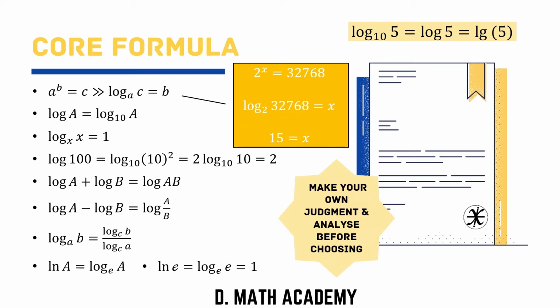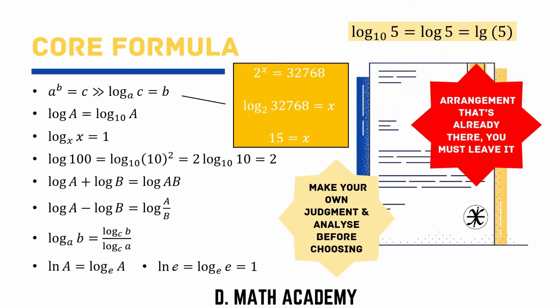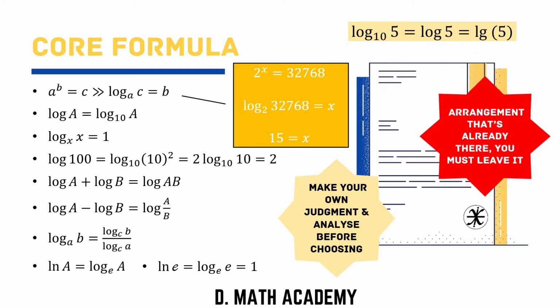And also, the arrangement that was already there, you're not supposed to change it. Like if you have a logarithm at the numerator and a logarithm at the denominator, their relationship is already divided. You can't simply change it to minus again.